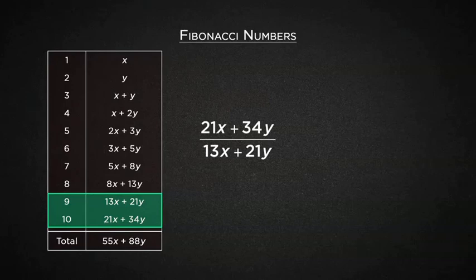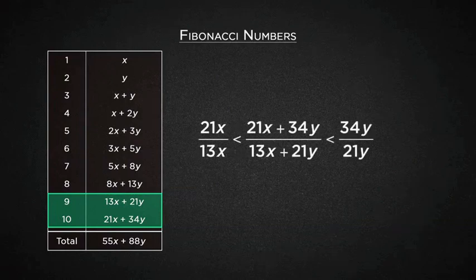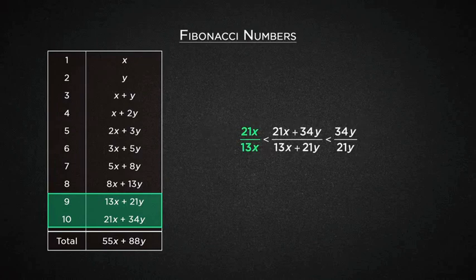But that's the mediant of the fractions 21x over 13x and 34y over 21y, so it has to lie between them. But 21x over 13x, that's just the fraction 21/13, and it begins 1.615.